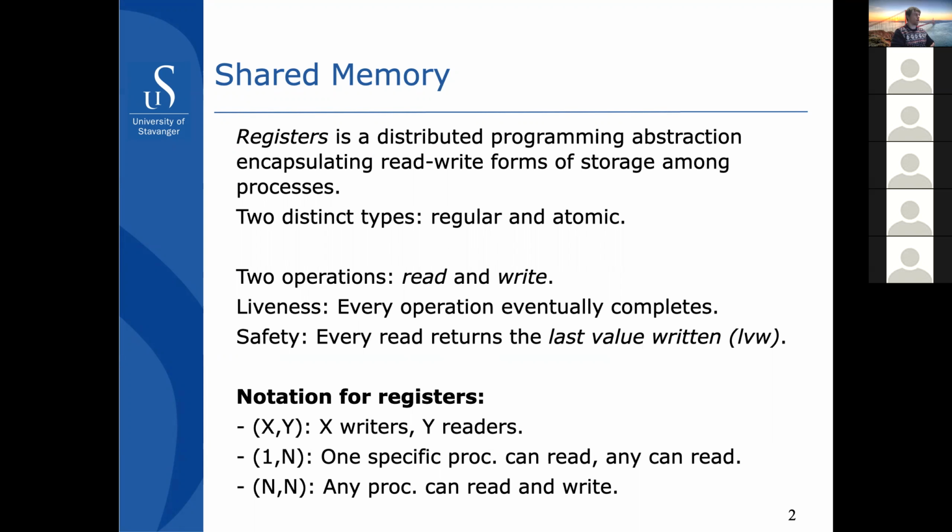And as in all distributed algorithms, we want to ensure two properties, liveness and safety. Liveness: every operation eventually completes. So it can be a long write or a long read, but eventually it will complete. And the safety property here is that every read returns the last written value.